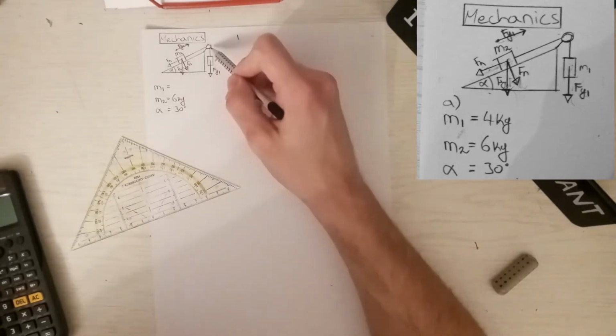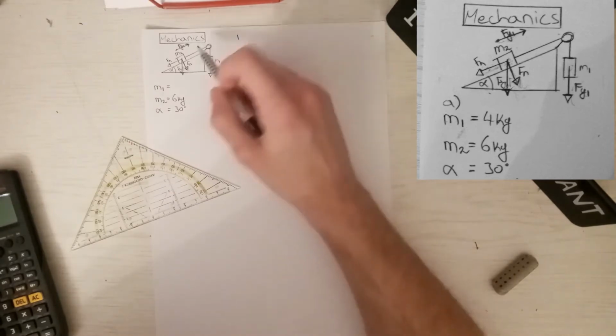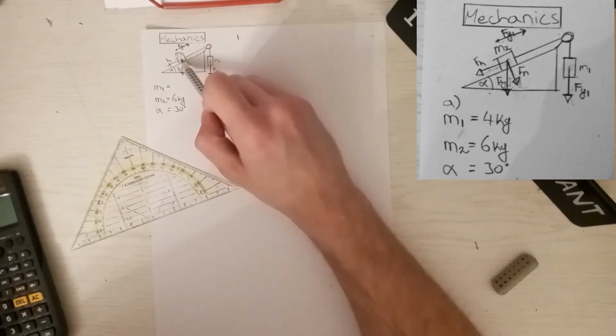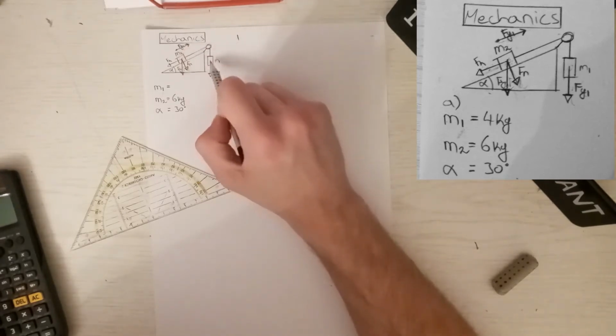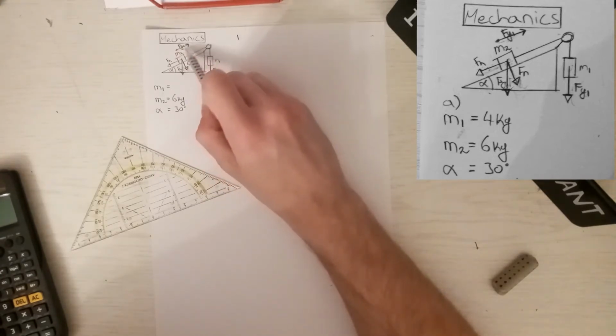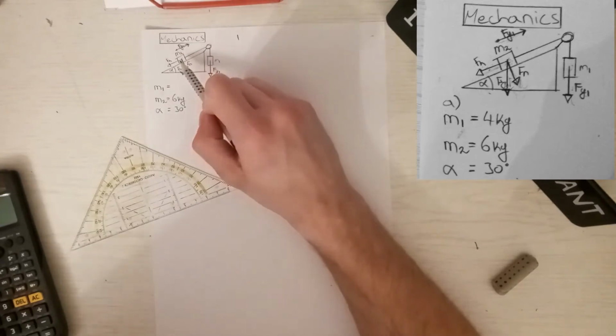And at the same time, the force that pulls this mass down is also pulling this mass right here, mass 2, in this direction. So I just drew it here as Fg1, which is acting also in this direction for this object.